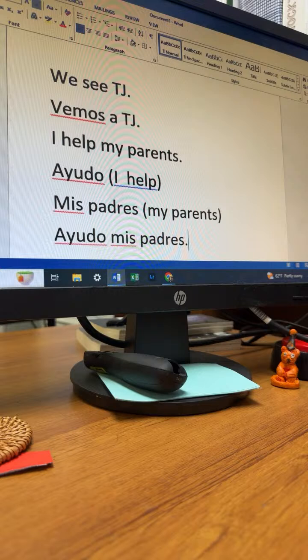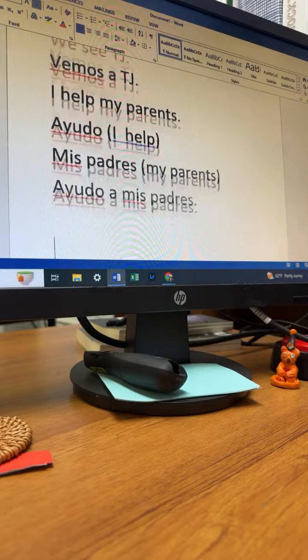You have to put that a in front of mis padres, okay? Because mis padres is the direct object. And if it's people or a person, in Spanish, you put an a in front of it. So let me say that again. If your direct object is a person or people, in Spanish, you have to put an a in front of it. Don't know why? It's a rule they have. It's just a thing, okay?